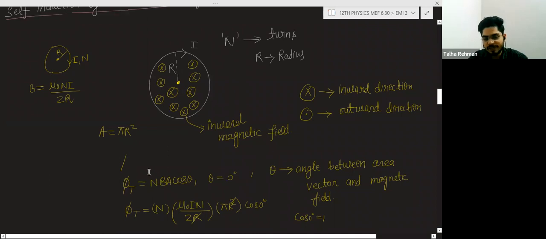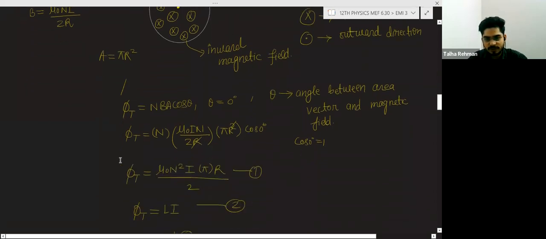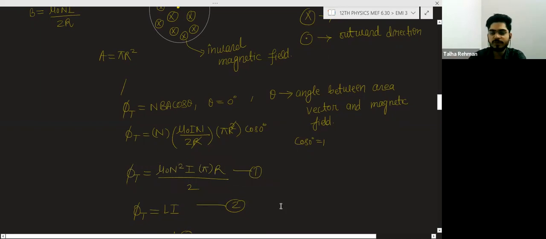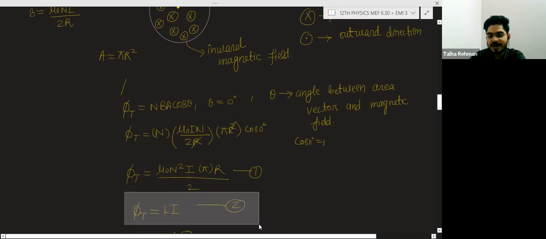Now simply put the values in this formula and you will get the total magnetic flux. Here is n, the magnetic field is this, and this is the area of the circle. So we will put it here, this will cancel out, and cos 0 is 1. So the total flux you will get is this, and we know there is one more equation: total flux phi is given by Li.